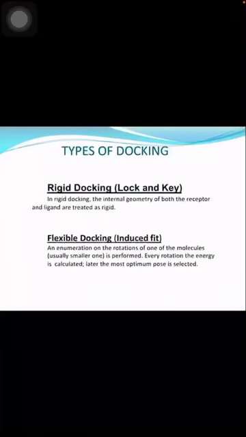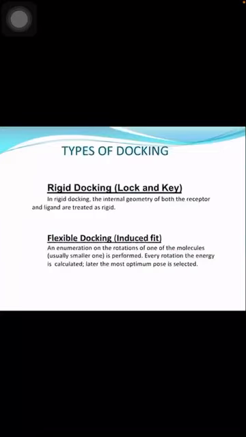The types of docking are the lock and key mechanism and the induced fit mechanism. In the lock and key mechanism, the ligand and the protein act as a lock and key, and they join together to form the complex. The induced fit is considered more when the complex is not rigid.